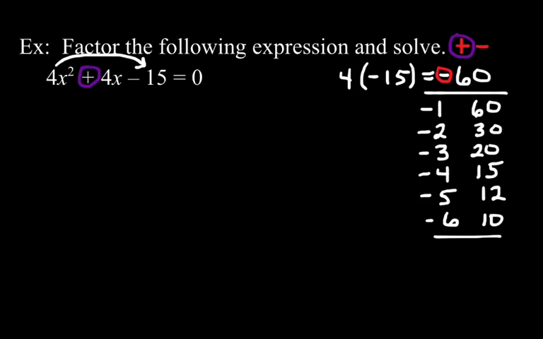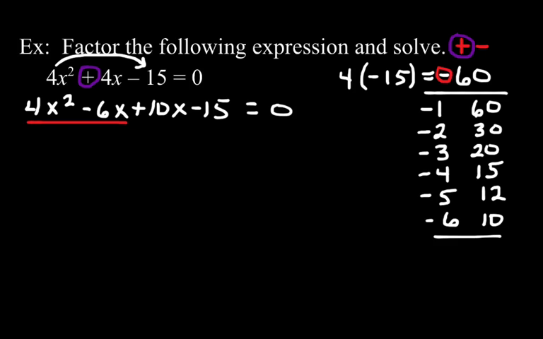So let's go ahead and write this down. 4x squared minus 6x plus 10x minus 15. And this time we have that extra piece equals 0 because eventually we're going to have to solve this. So let's do our factoring. First group, second group.